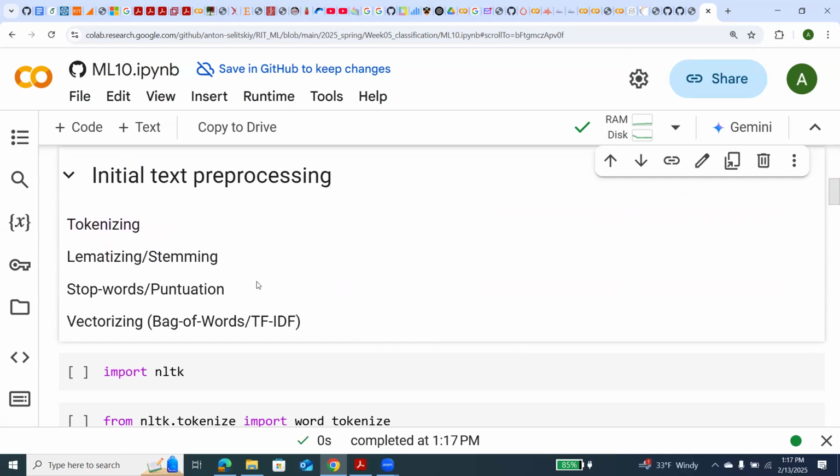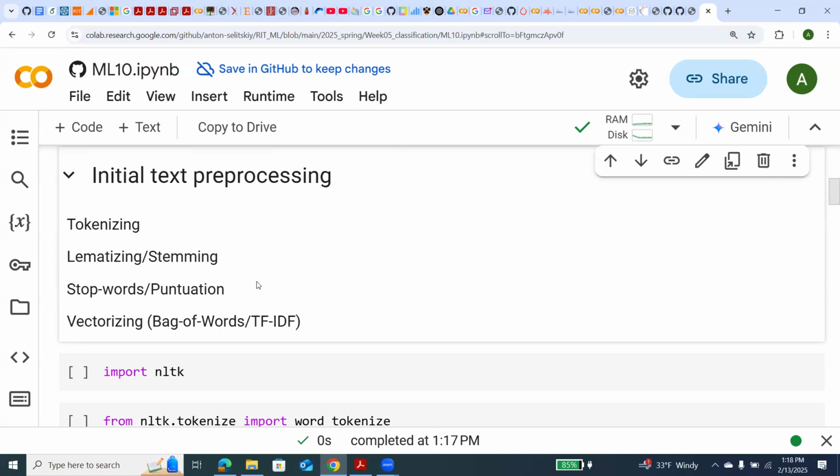Tokenization. We'll split our strings into individual words or tokens, because this could be also punctuation signs, not necessarily words. Lemmatization and stemming, when we will cut, for example, endings like S, to reduce the number of words in our dictionary.